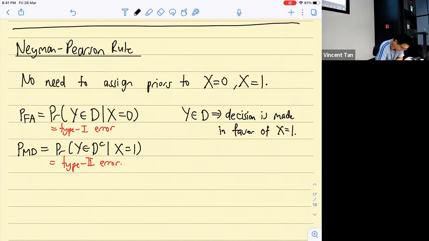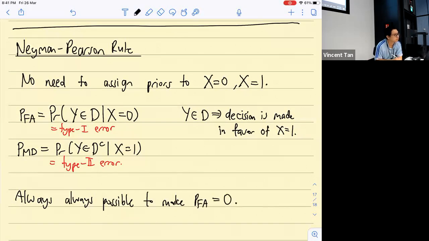So the point I want to make is the following. It is always possible to make the probability of false alarm equal to 0. This is our objective, one of our objectives. We have two objectives here. We're going to make these two very small. But if you have studied optimization, we like to make one thing small.